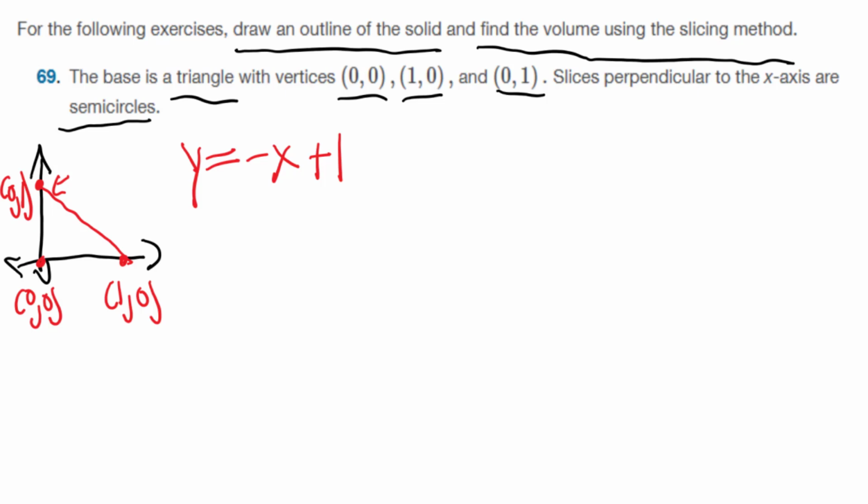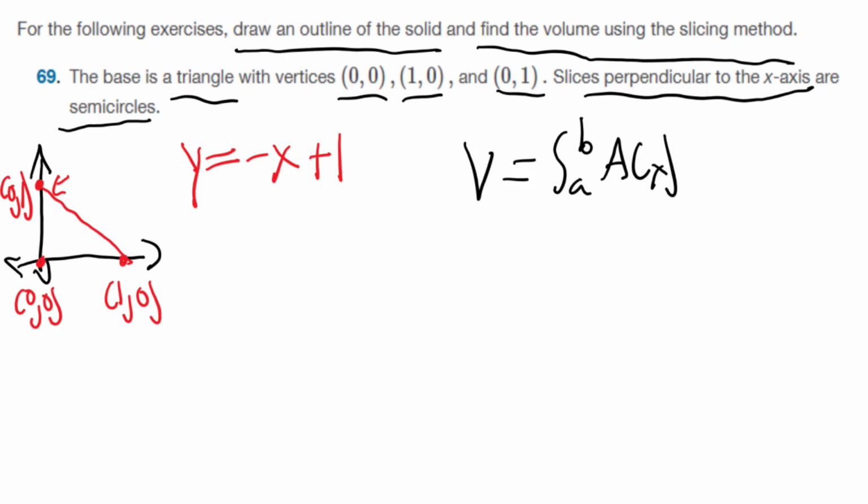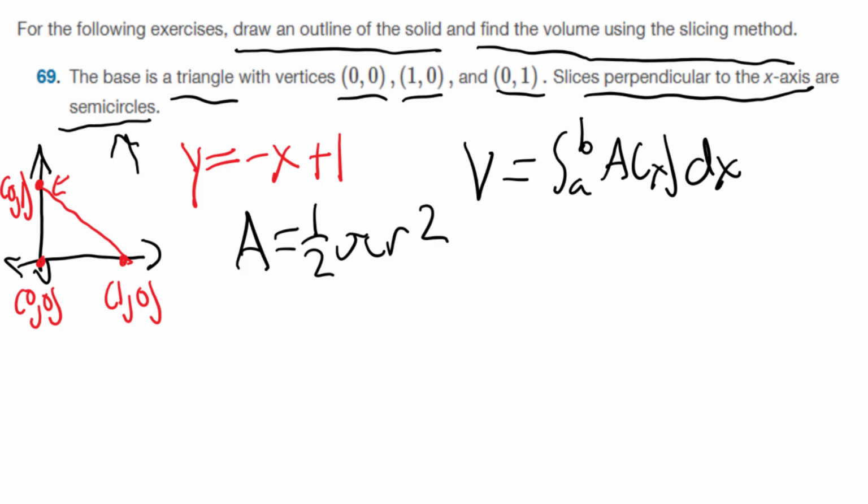Because these slices are perpendicular to the x-axis, we will need to use the equation: the volume is equal to the integral from a to b of the area function of x dx. So the area function is equal to 1/2 pi r squared because we're looking at semicircles. That's the equation for semicircles.